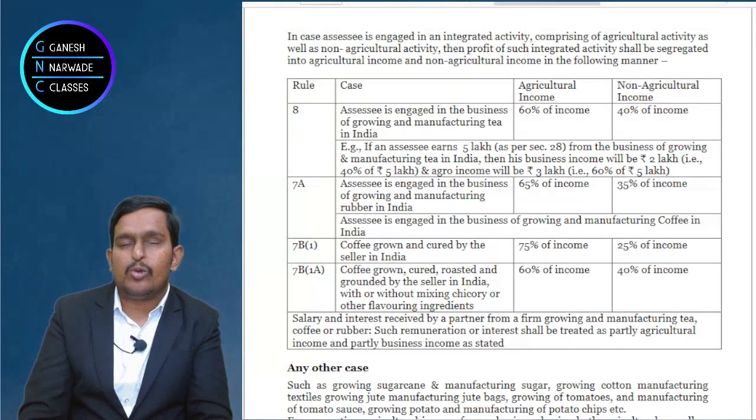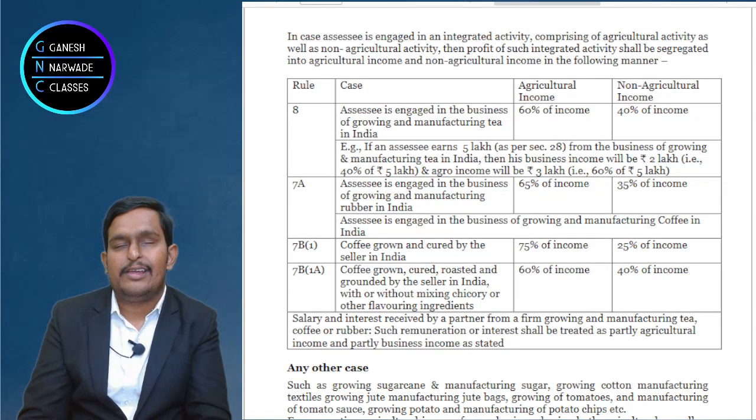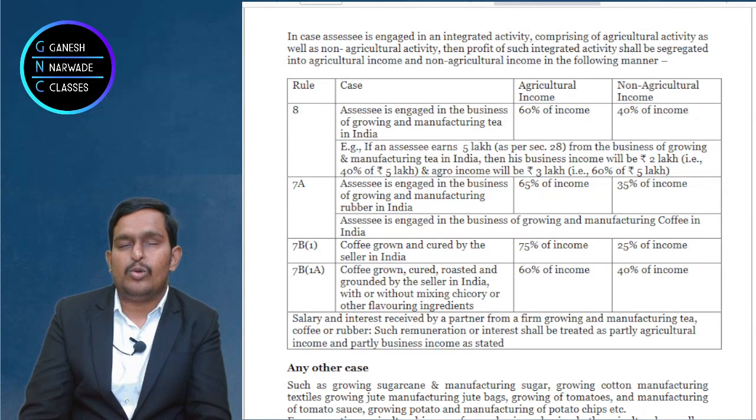For tea, rule 8. For rubber, rule 7A. For coffee grown and cured, rule 7B sub rule 1. And for coffee grown, cured, roasted, ground, with or without chicory, 7B sub rule 1A.